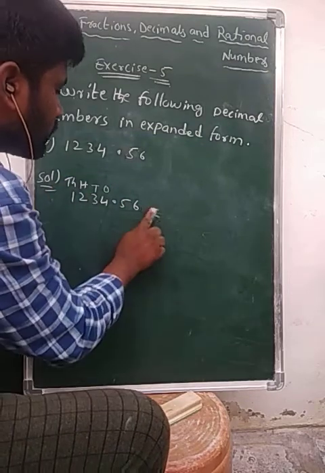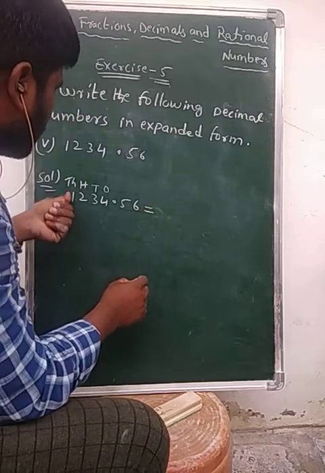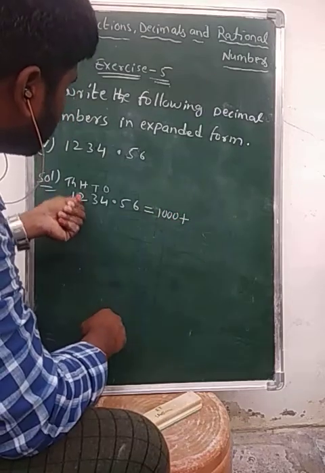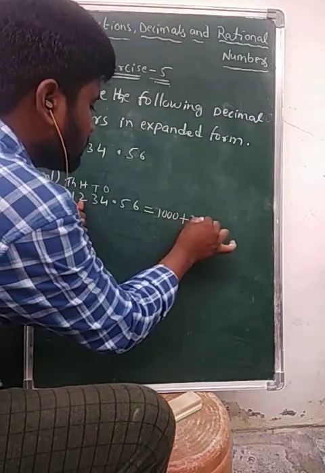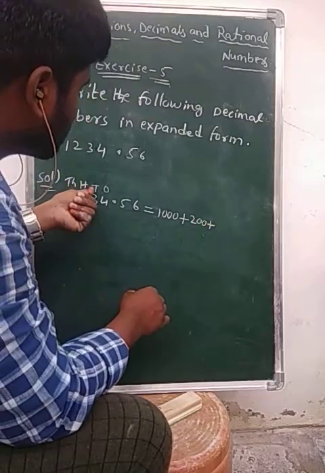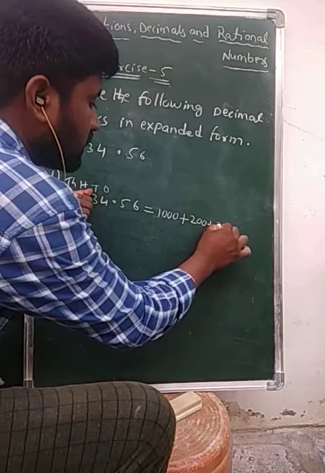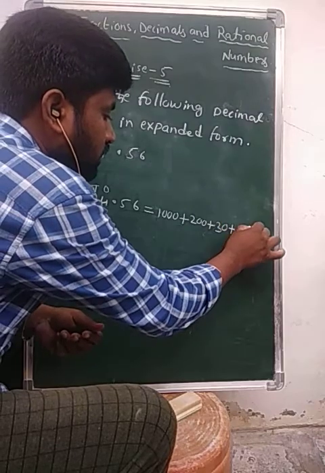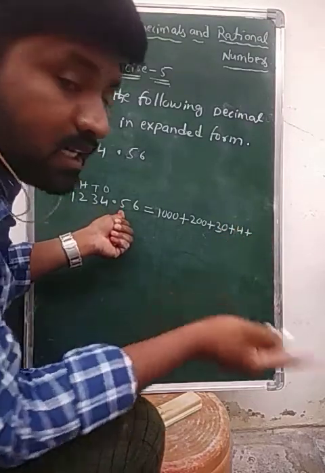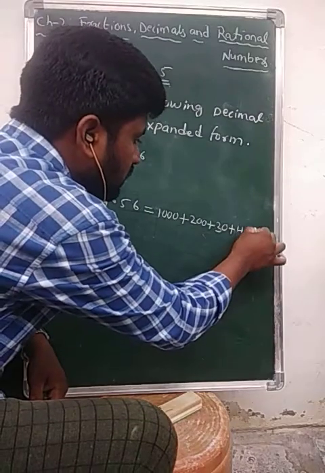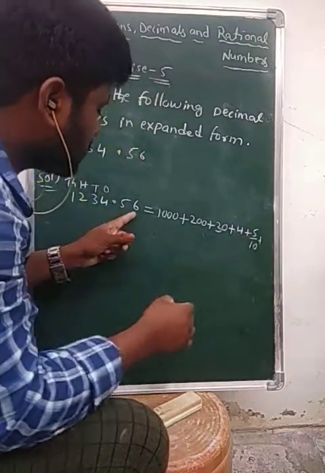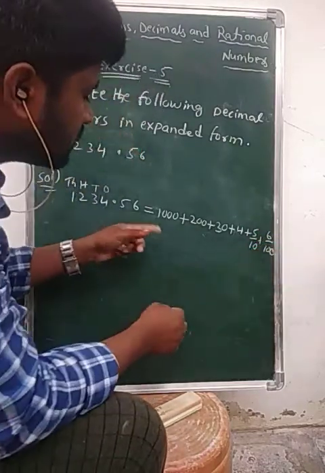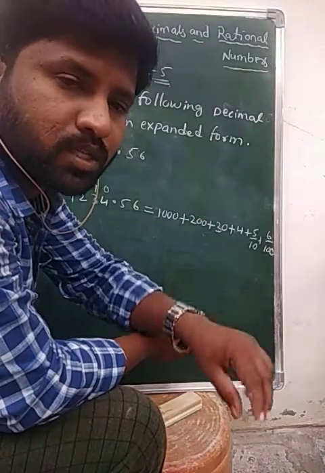So we can write it as 1 in the thousands place, that's why 1 into 1000, 1000, plus 2 in the hundreds place, that's why 2 into 100, that is 200, plus 3 in the tens place, that's why 3 tens are 30, plus 4 in the ones place, that is 4 ones are 4, plus 5 in the tenths place, that is 5/10, 6 in the hundredths place, that is 6/100. If there is any further digit here, the next is the thousandths place, and it will continue.